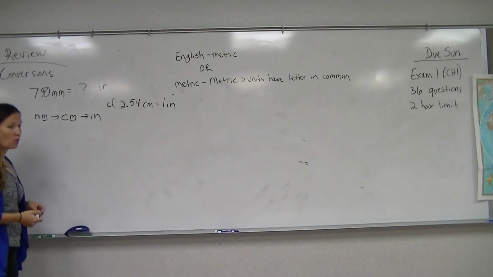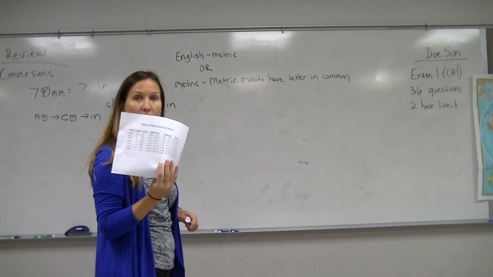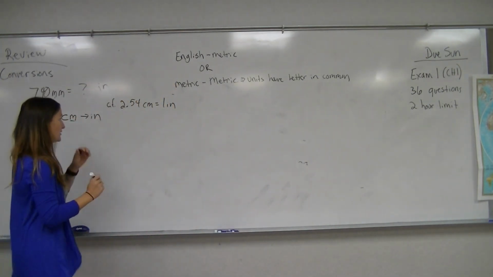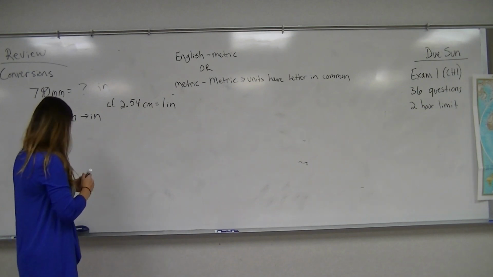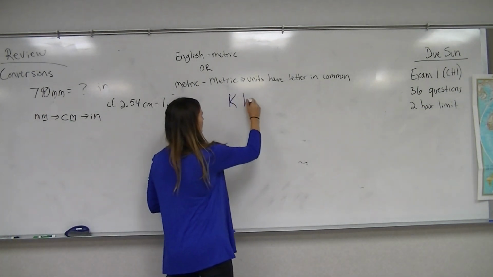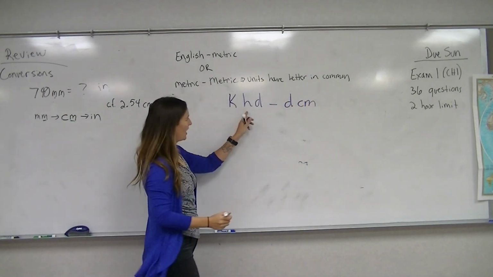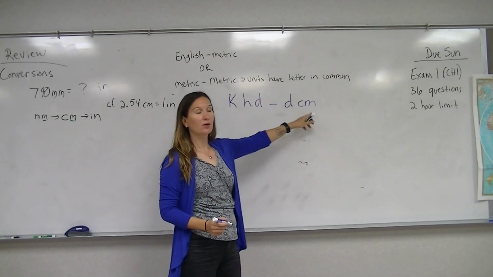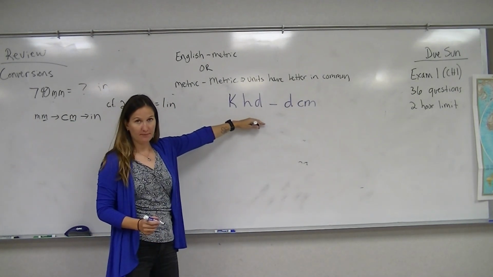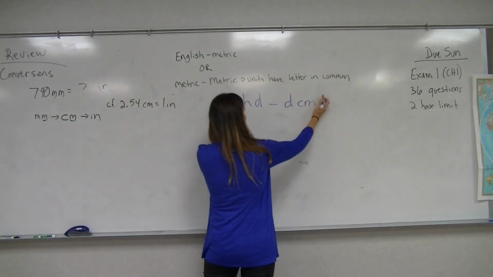So we can look at the conversion sheet and find some conversion factors, or there's a shortcut way that I showed last week, using this prefix table. King Henry died drinking chocolate milk. This only works for metric to metric, and it only works from kilo down to milli.